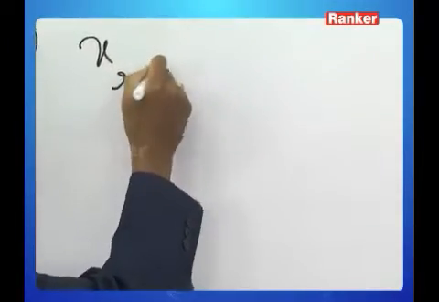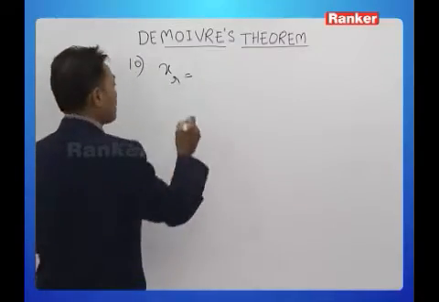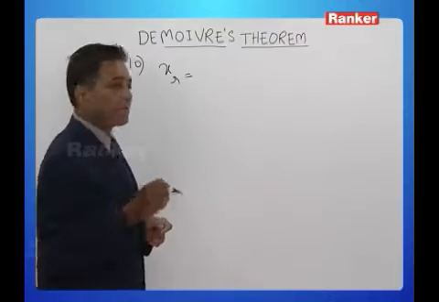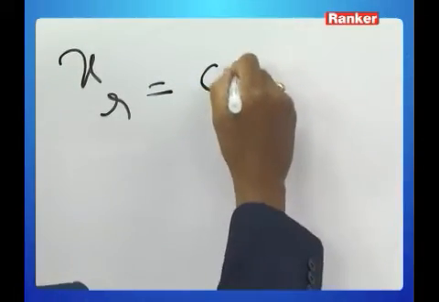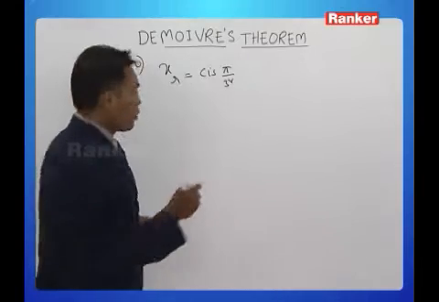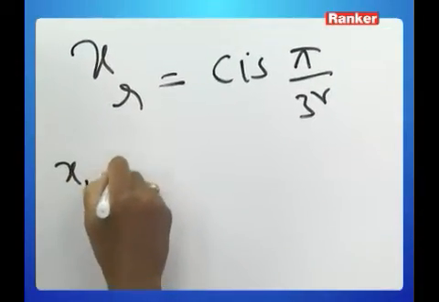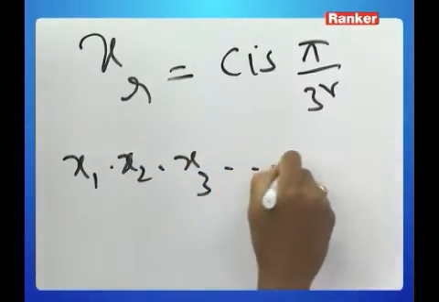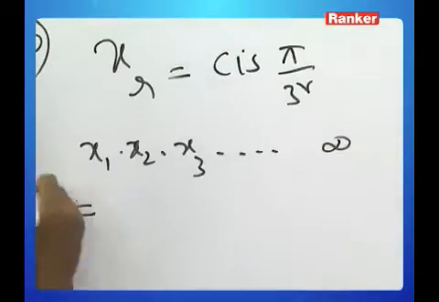x r is given as cos (pi by 3) power r plus i sin (pi by 3) power r, that is cis (pi by 3) power r, right. Now, we want the value of x1 into x2 into x3 up to infinity, right.